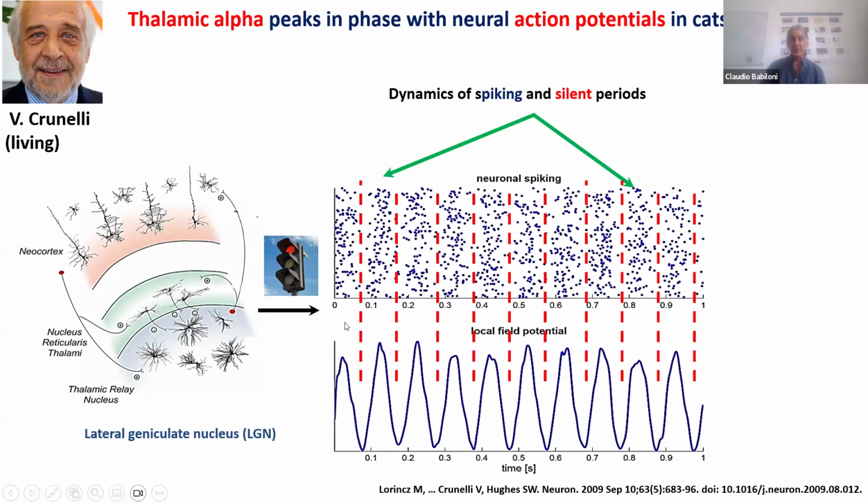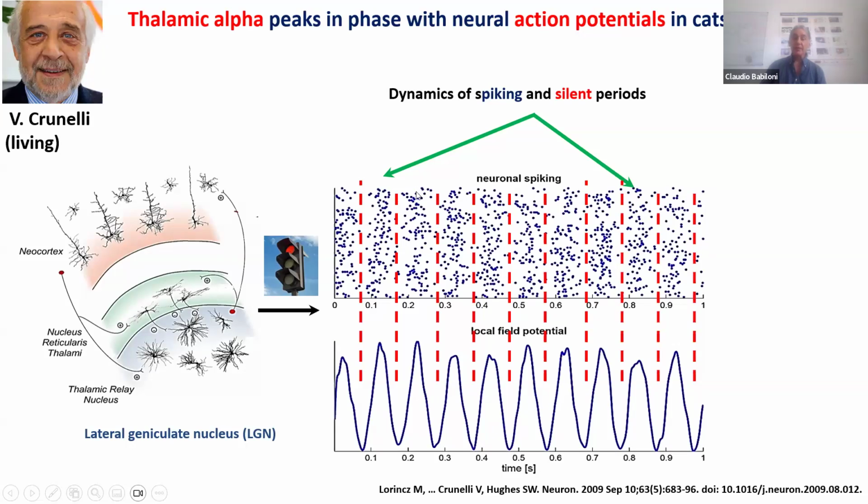And so you see that when you consider the axis of time, which is horizontal, there is a concentration of spiking of the neurons in certain short periods.